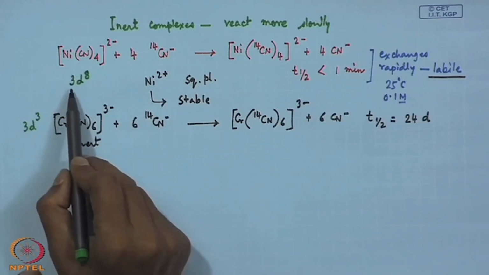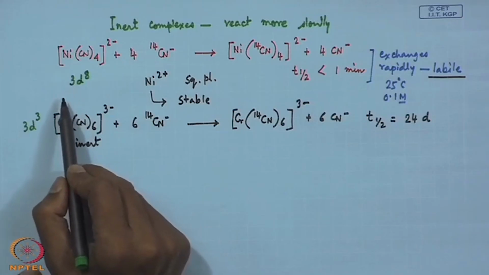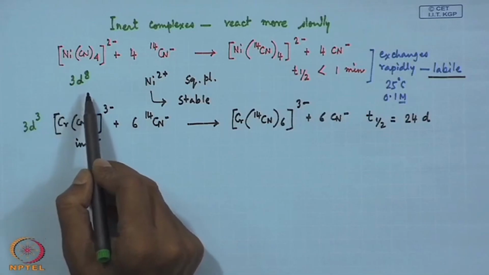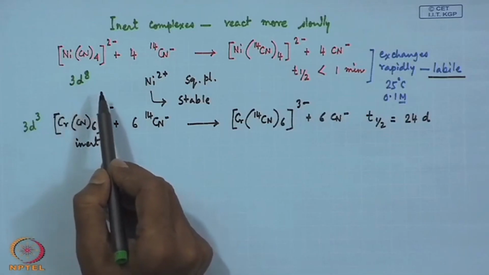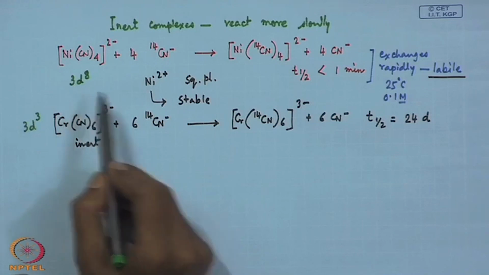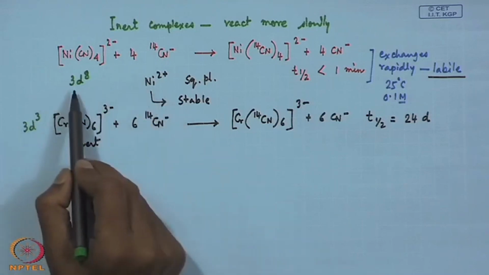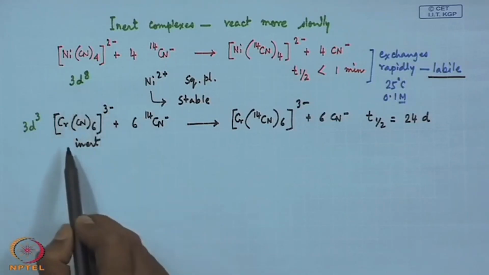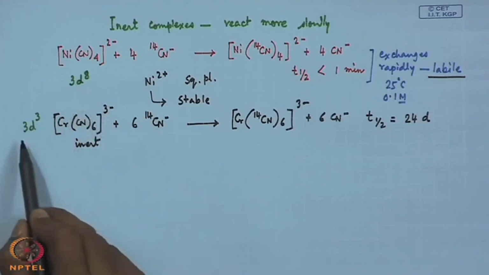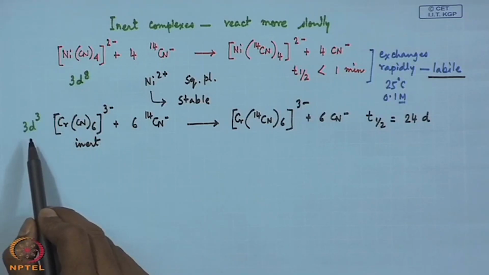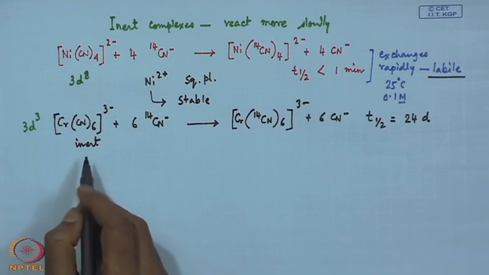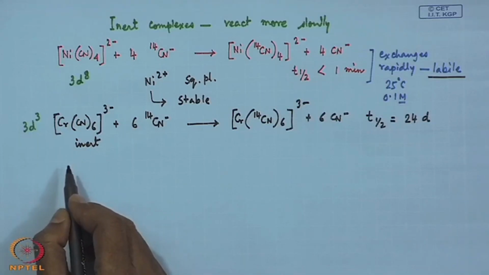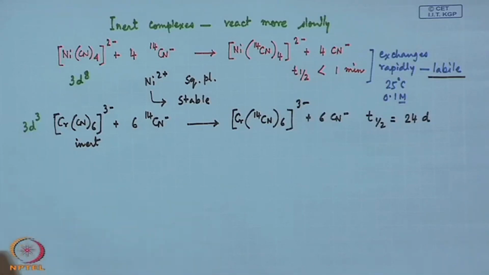So for 3d8 in square planar geometry, we expect that it also can give rise to some inert compound, but this particular inert compound we are not getting in the case of nickel, but expectedly we can have this for palladium and platinum compounds, but in the case of chromium, for the first transition series element, it is a kinetically inert compound. So we get basically a compound like this which is inert.